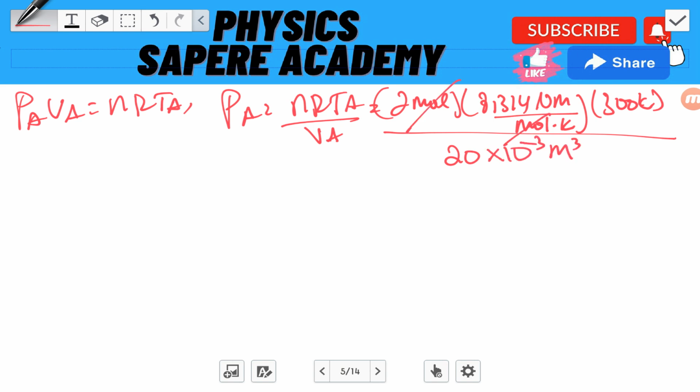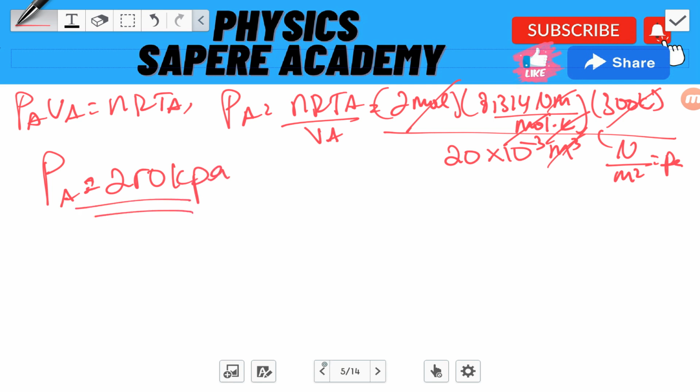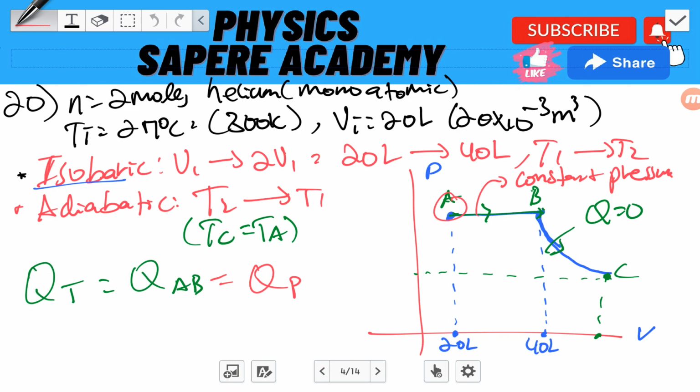Mole by mole, Kelvin by Kelvin, the current unit becomes Newton per meter square, which is the Pascal. So here we have our pressure at A to be approximately 250 kilopascals.